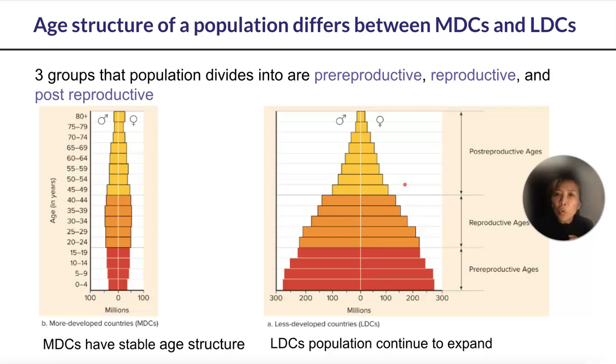And so with these two different populations, because of the different needs and resources that are available, we tend to see that these different groups will differ in how their population is divided. So in a more developed country, these are age structures. Both of these are age structures.